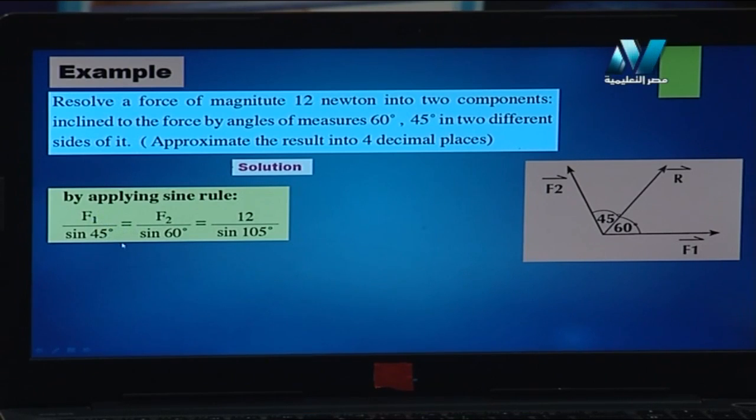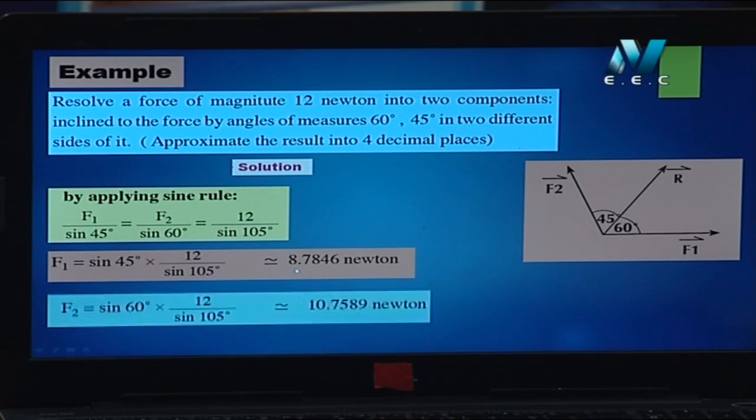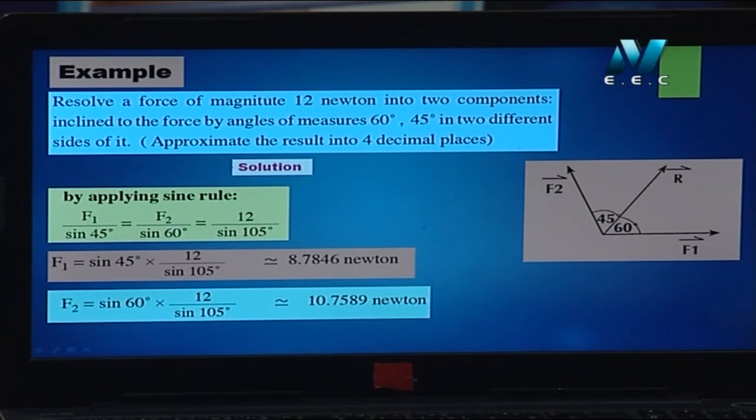F1 equals sine 45 multiplied by 12 over sine 105, which is approximately 8.7846 Newton. F2 equals sine 60 multiplied by 12 over sine 105, which is approximately 10.7589 Newton.